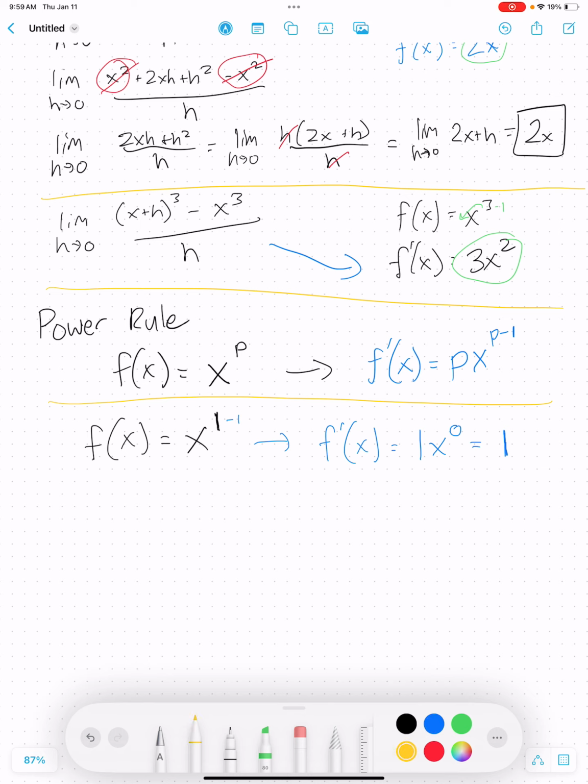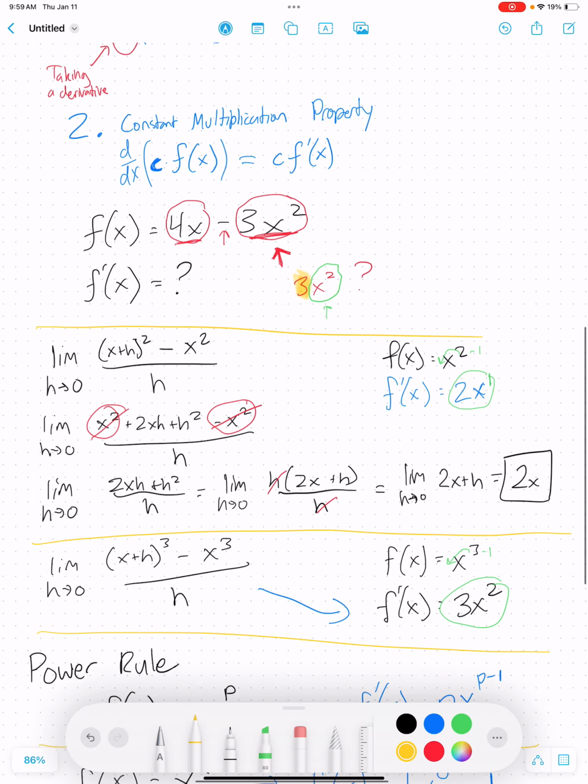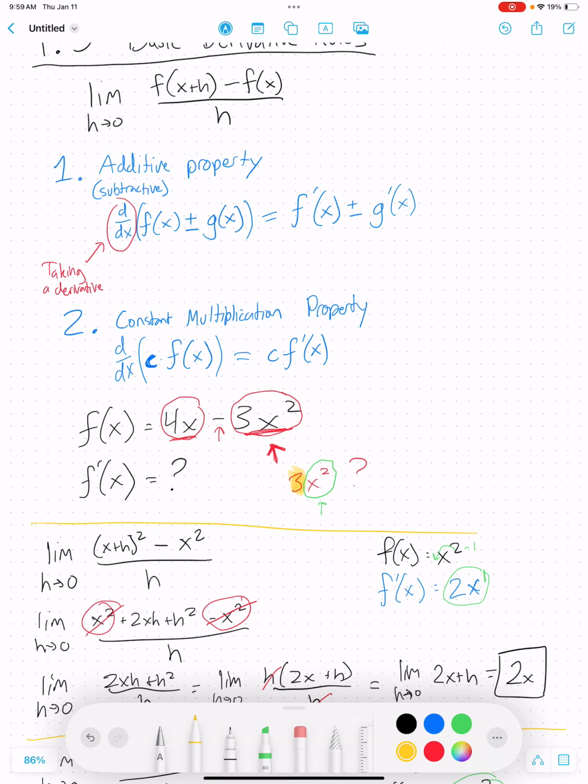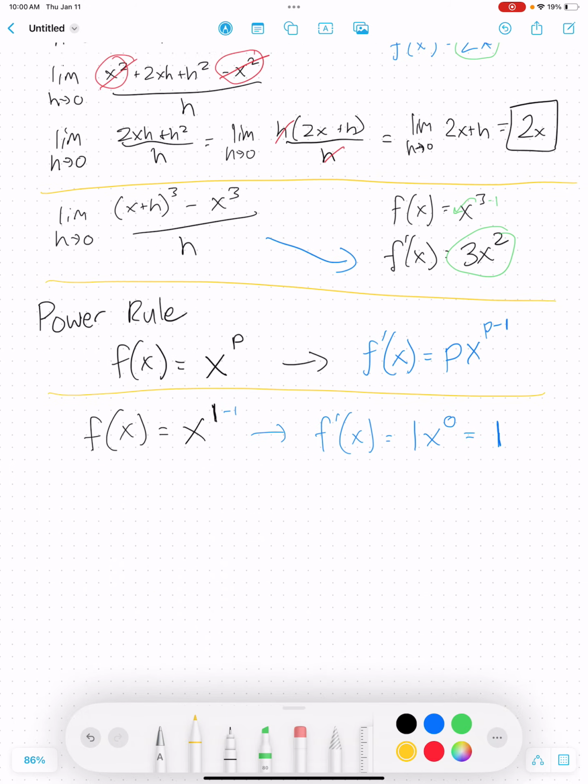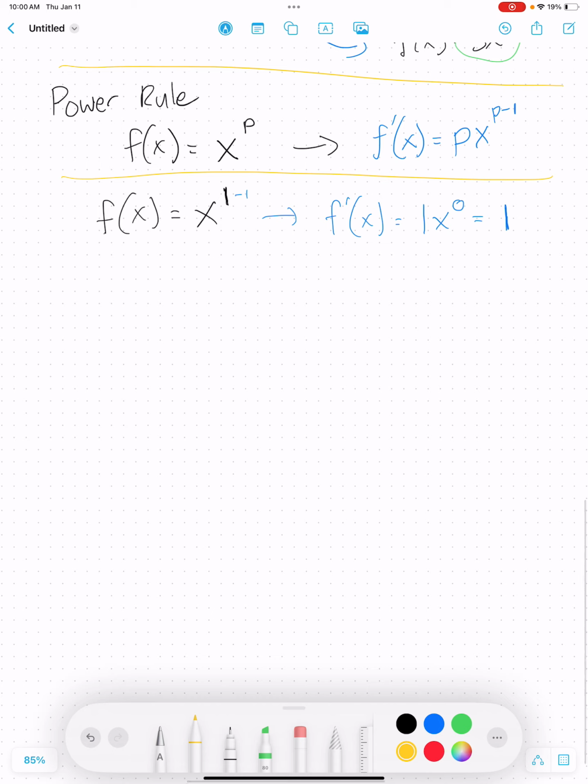So why is this power rule helpful? Well, because we now have this power rule, if I combine that power rule with my additive property and my constant multiplication property, this allows me to tackle any sort of polynomial. So, for example, let's look at this: 2x to the fourth minus 3x cubed plus 5x minus 19.